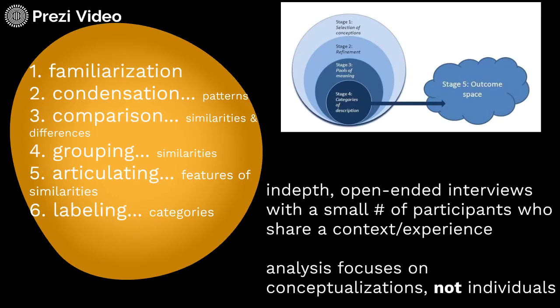We look for things that are similar and different so that we can group things ultimately into these categories of difference. And we can describe in some detail what the features of those categories are, and we give them some kind of a name. And as I indicated previously, this all results in what's called an outcome space.